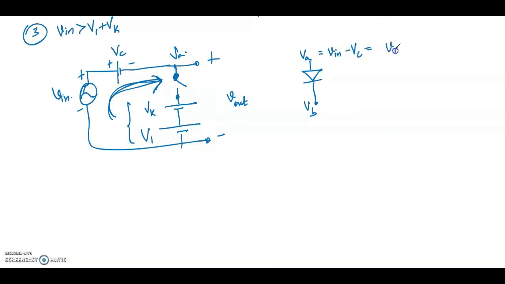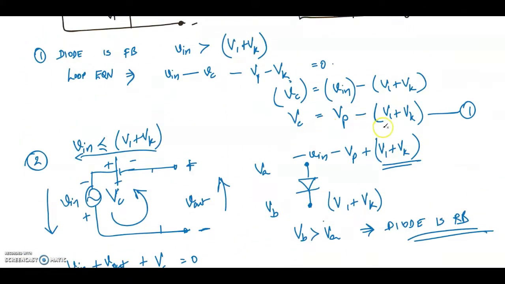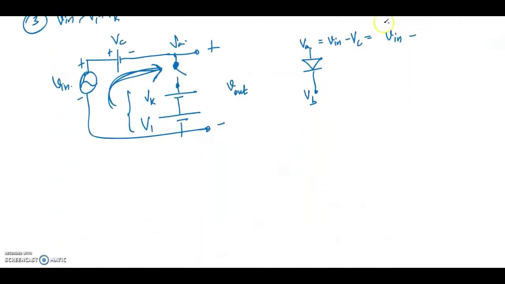What is the value of Vc? I get it from equation 1. What did I get for Vc? Vp minus V1 plus Vk. Let's substitute that. Va is equal to Vn minus Vp plus V1 plus Vk.